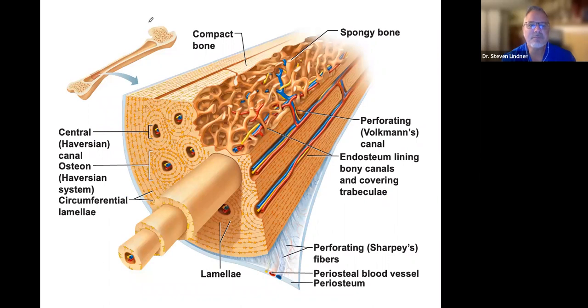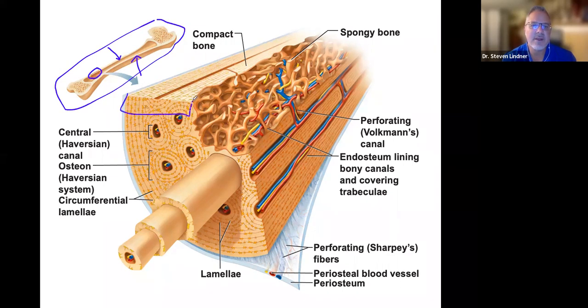So if this is a bone right up here, the outside portion of the bone, like right there, and then this portion here, right? If we take any section of that, which would be this section here to here, that's referred to as compact bone.